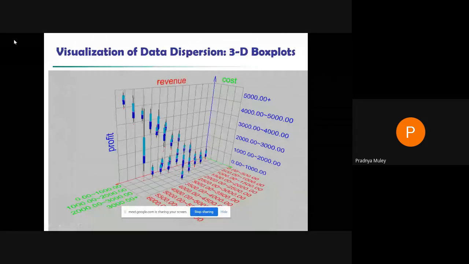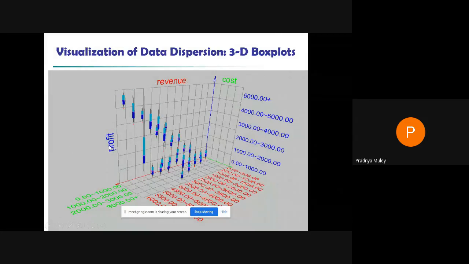Okay, so visualization of data dispersion, it's a 3D box plot. If we see this, every point here is a box plot. So if you can see here, this is a box plot. It's shown with revenue, cost and profit.